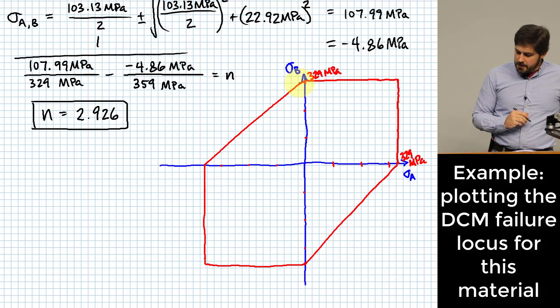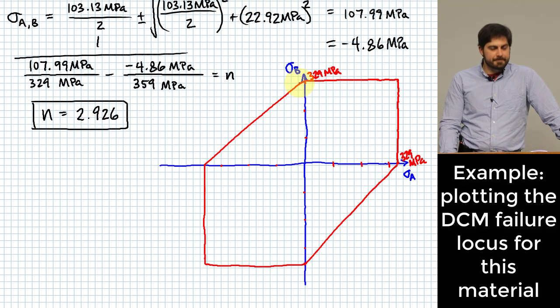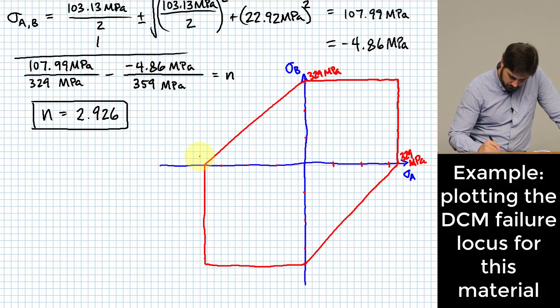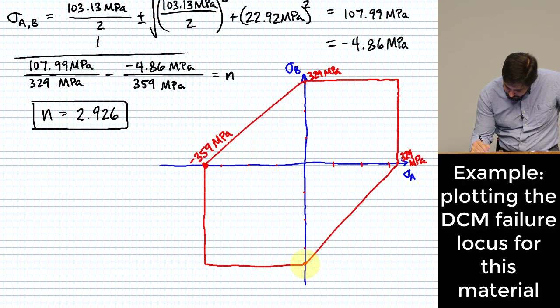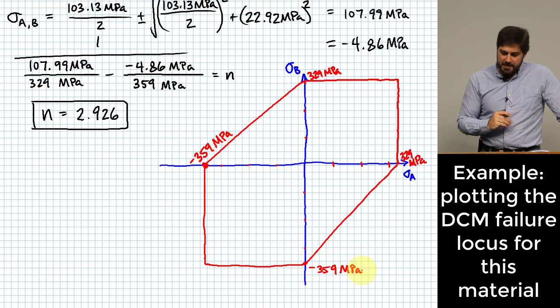Okay, so we've drawn our failure locus here. This is negative 359 megapascals at this point, and this right here is negative 359 megapascals.